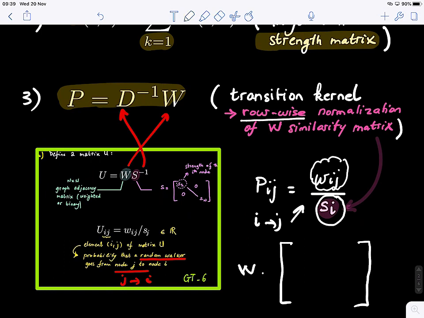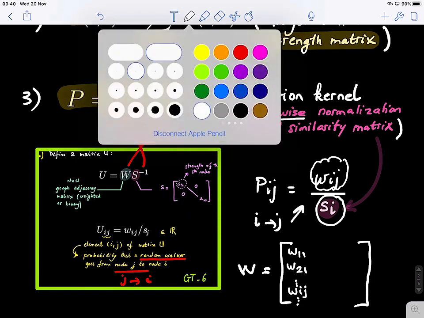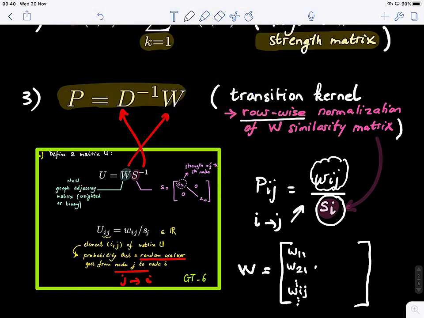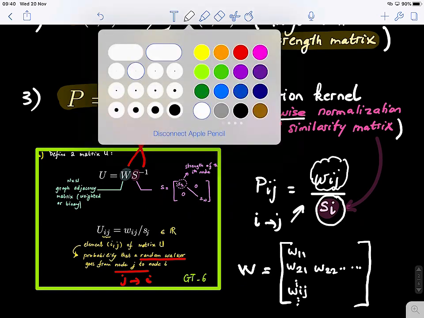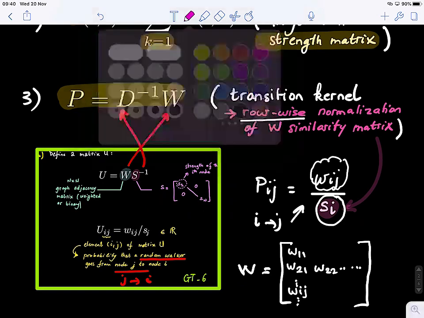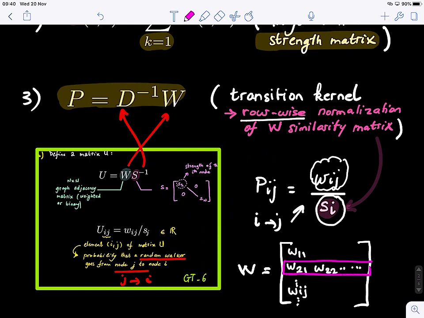I have the matrix W, with entries W_11, W_ij, W_22, etc. What we're doing is normalizing each row, which means we're dividing the whole row by S_i, right?